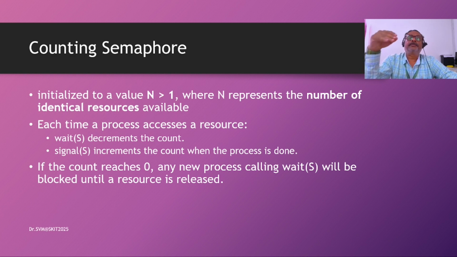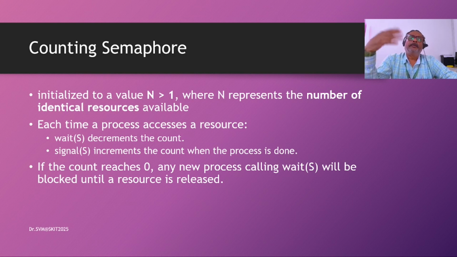So 5 processes used 5 printers. Now when the 6th process comes in, there is no printer available, therefore it has to wait till one of the earlier 5 processes releases a printer. Till then, the 6th one has to wait. Not necessarily only one is coming.